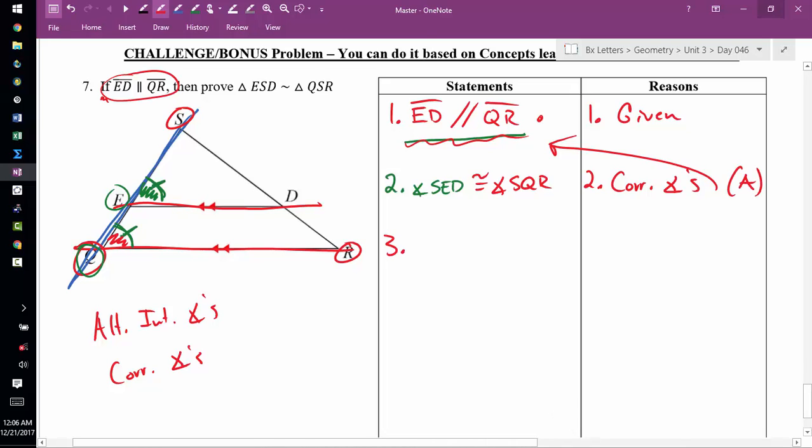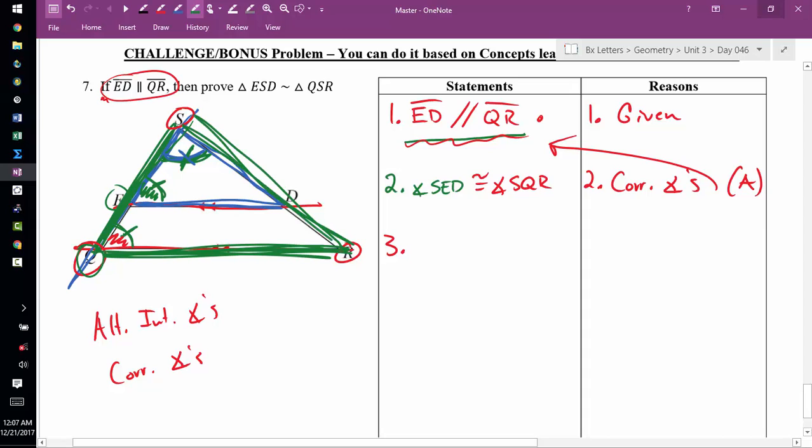My third angle fact is my favorite angle fact, namely that this angle up here, angle S in this blue triangle, I know that that angle is going to be congruent to itself, angle S, in this larger green triangle, because that angle is shared.